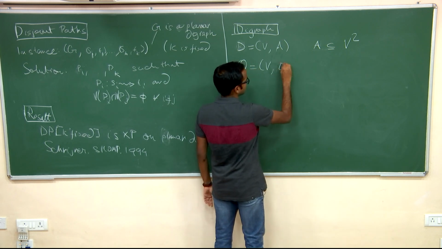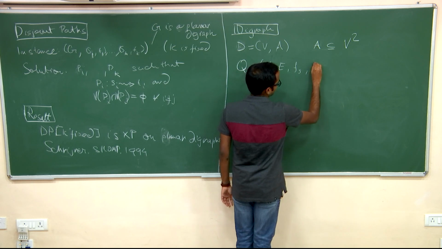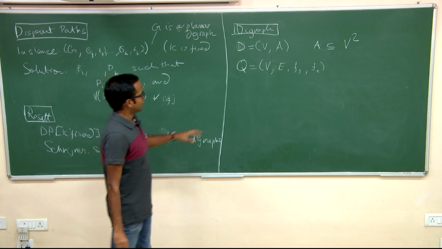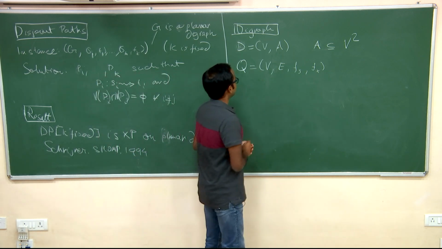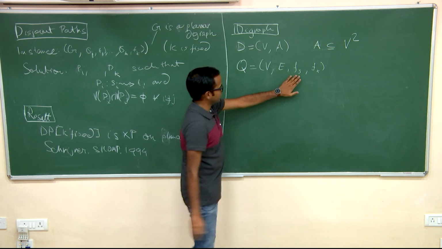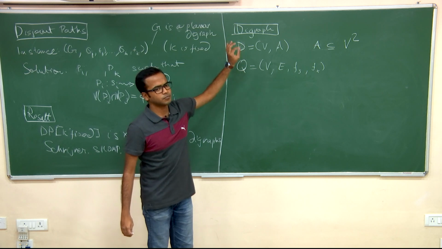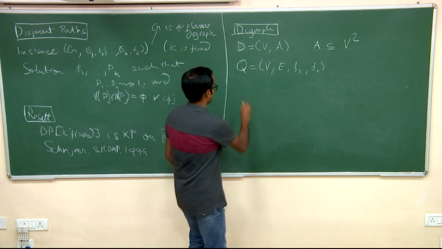There are vertices, edges, and two functions. Basically, these functions, what do they say? A digraph is a specific kind of quiver.